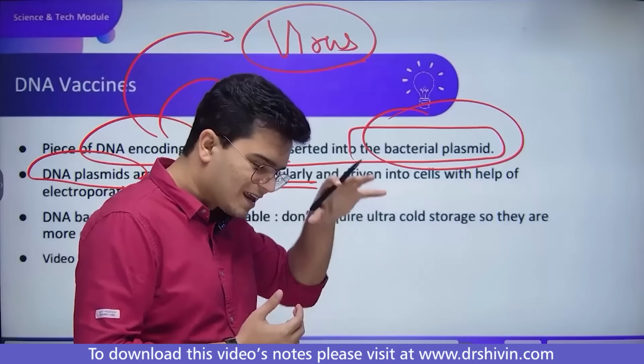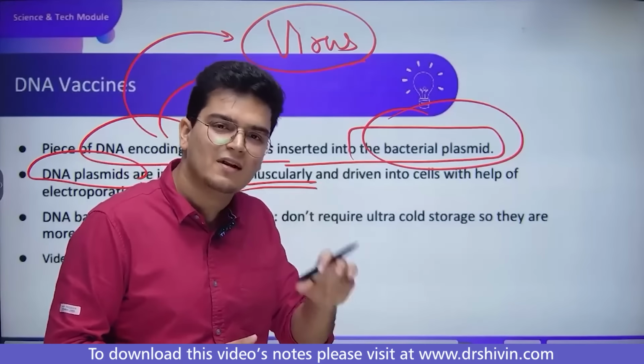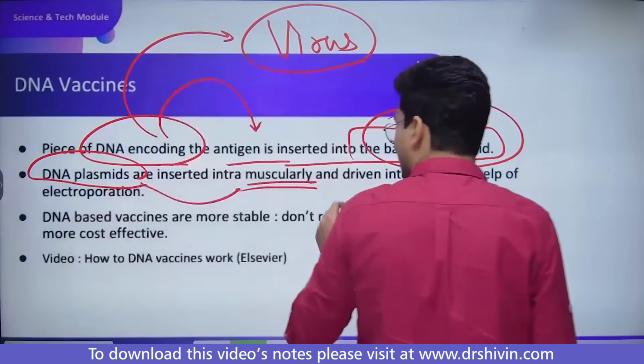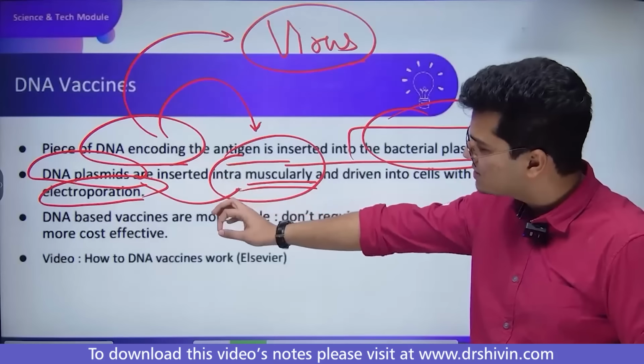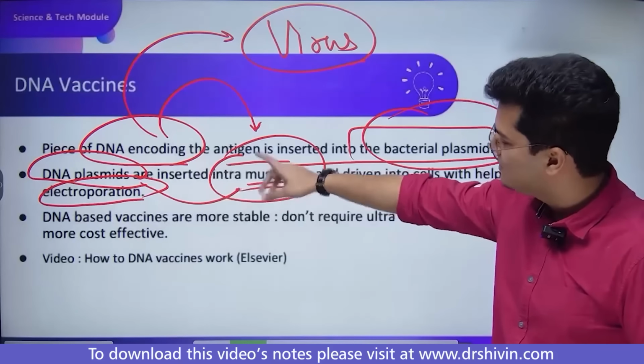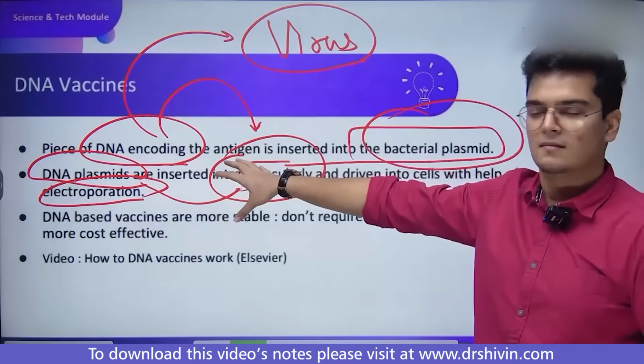It does not let everything enter. So I need some process to let this DNA plasmid inside the muscle cell. That process is called electroporation. What electroporation is, is not important. It is only a process to let this DNA plasmid enter the cell.